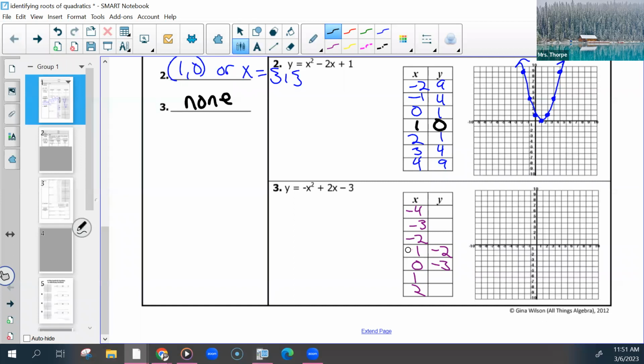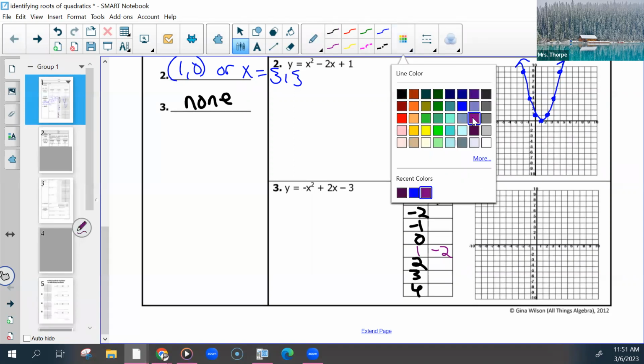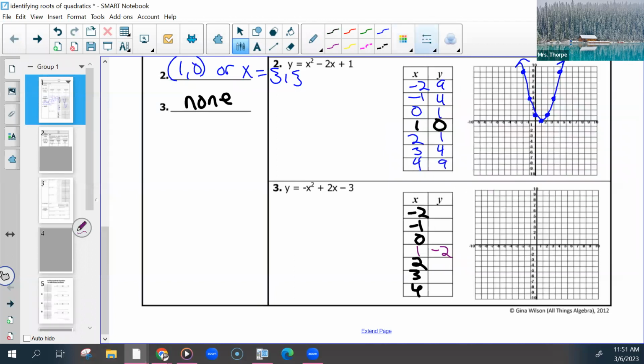Okay. So if you were copying what I wrote down, you may need to fix it because I messed it up. Okay. I had to change all that.